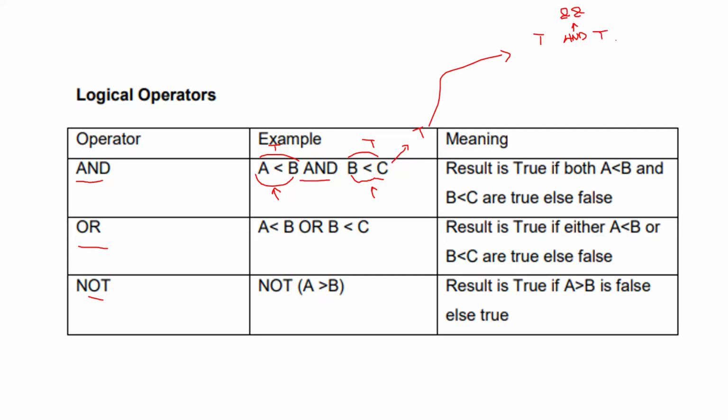True and true will return true. True and false will return false. False and true will return false, and false and false will return false. As you know, both of them should be true if you want to get a true result.